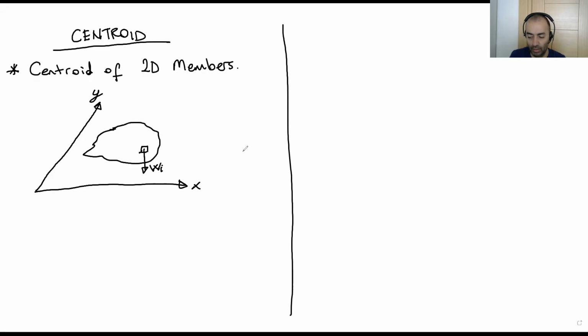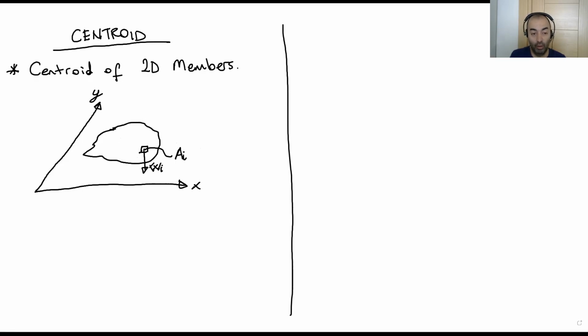Okay, so the area is here, Ai. So if I combine all these pieces weights, I'm gonna get the actual weight of this member. Okay, actual weight of this member. So let's say I have 1,000 pieces.